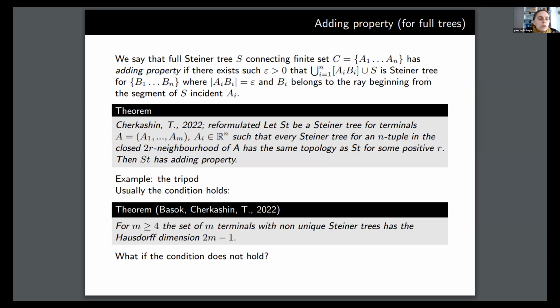And we know that almost all Steiner trees are unique. So the set with non-unique Steiner trees has dimension 2m minus 1, where m is the number of vertices.